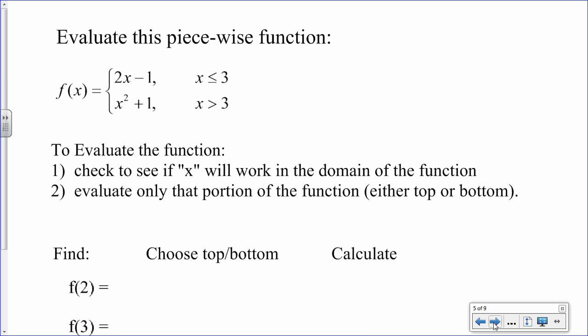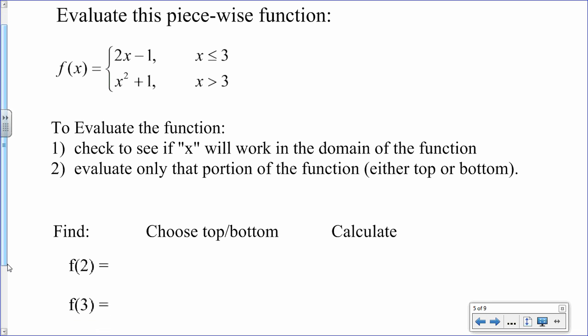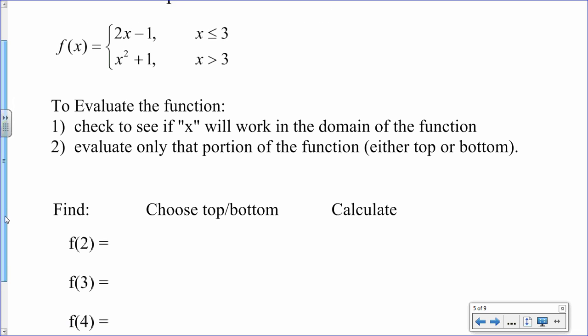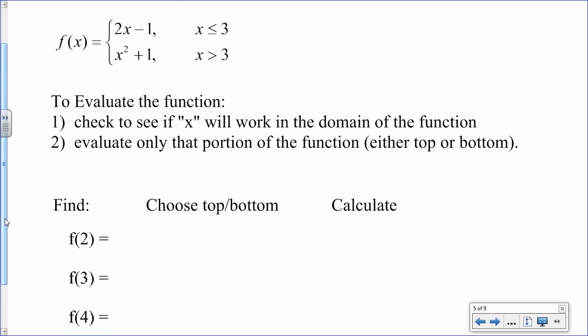Piecewise functions are 2 or more functions together. My steps here say you check to see if your x will work in the domain of the function. So you have to choose which one, and then you evaluate only that portion of the function. You're either going to use the top or the bottom, depending on your x value.